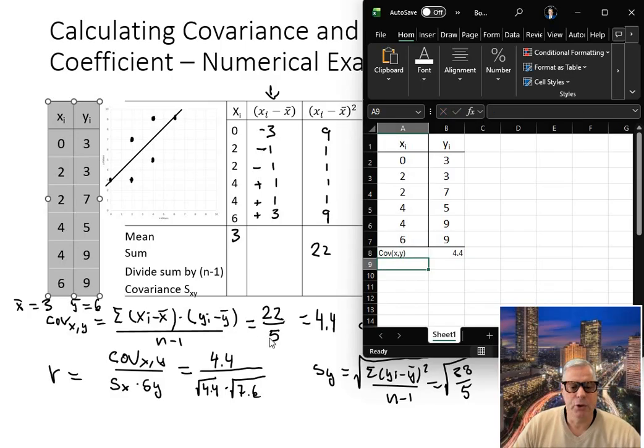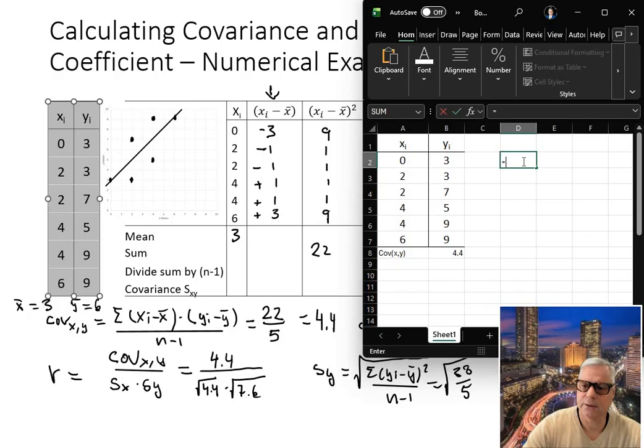So then we said the correlation coefficient should be equal to the 4.4, which is the covariance that we just calculated, divided by the product, so divided by open parentheses, now we can say square root SQRT of 4.4 times the square root of the 7.6, close parentheses.